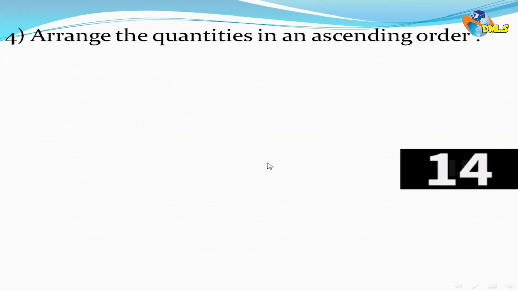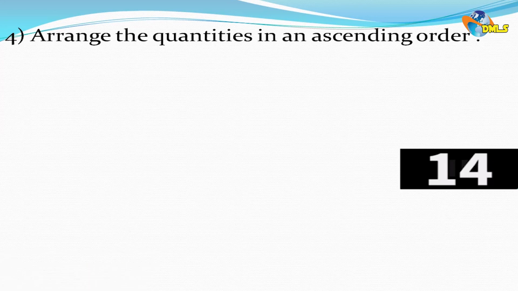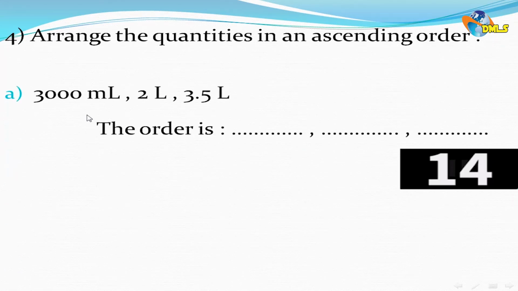Now let's end with arranging. Question number 4, arrange the quantities in an ascending order. First of all, we have to remember what is the meaning of ascending order. It means arranging from the smaller to the greater, and descending order is arranging from greater to smaller. First example, 3000 milliliters, 2 liters and 3.5 liters.